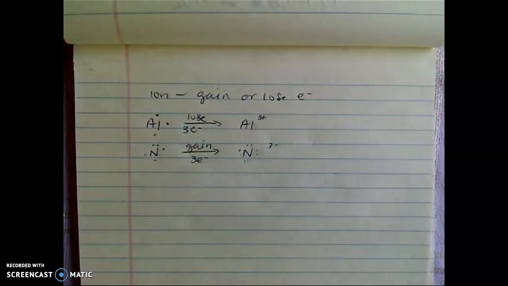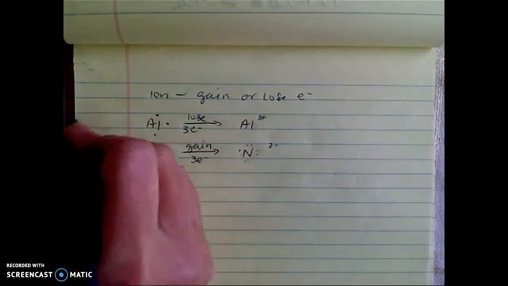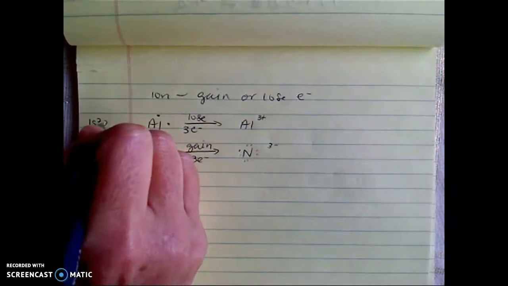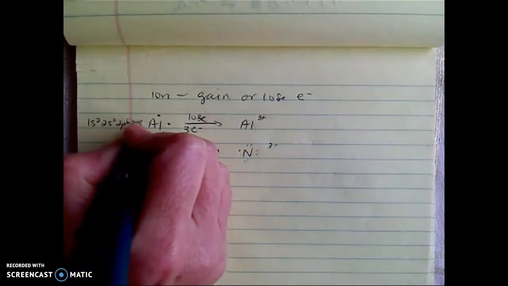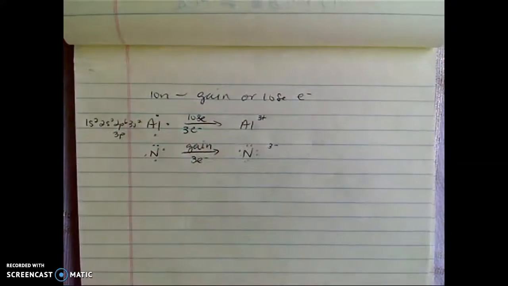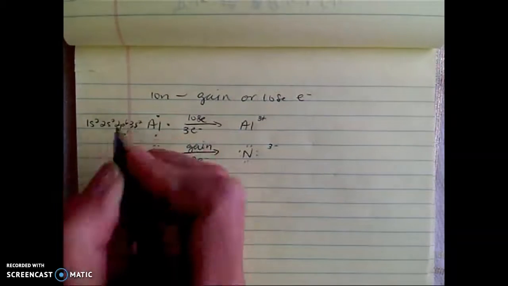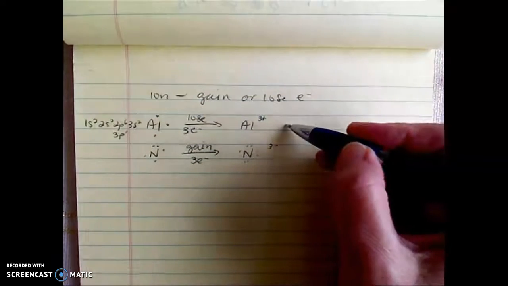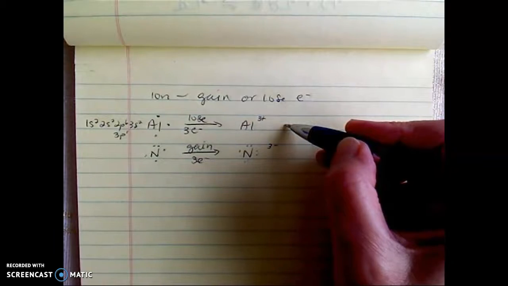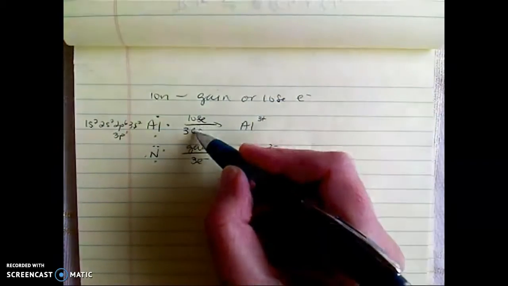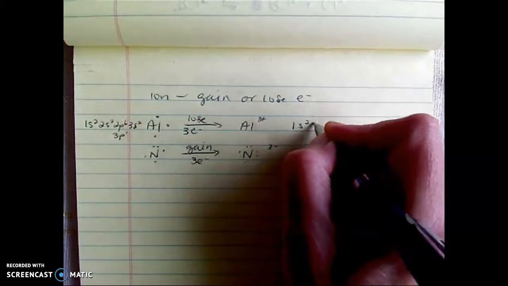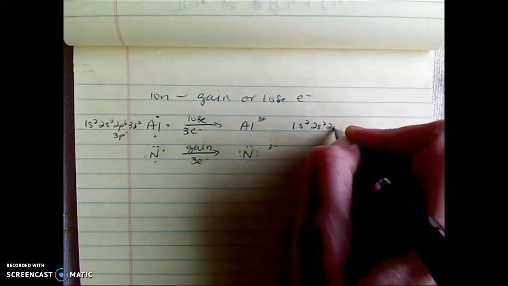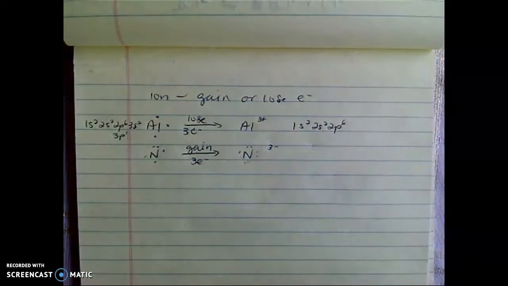Now, if we were to look at your electron configurations, like for aluminum, aluminum is a 1s2, 2s2, 2p6, 3s2, 3p1. Now, if we were to do the aluminum ion, remember, it's a 3+, but it loses 3. So when you do the electron configuration for that, 1s2, 2s2, 2p6, you have to take away 3 electrons.